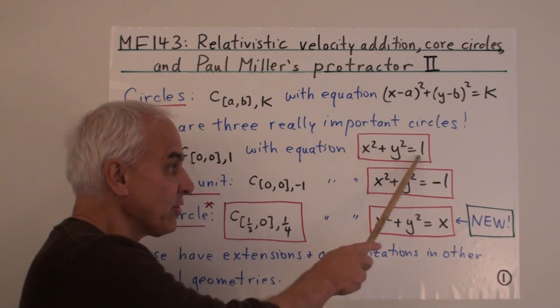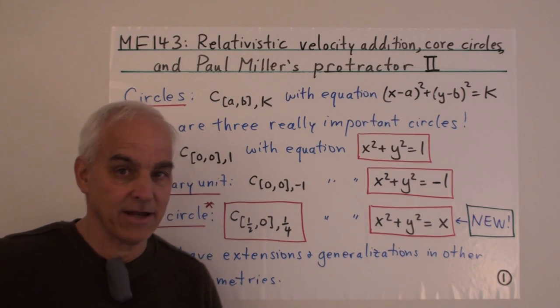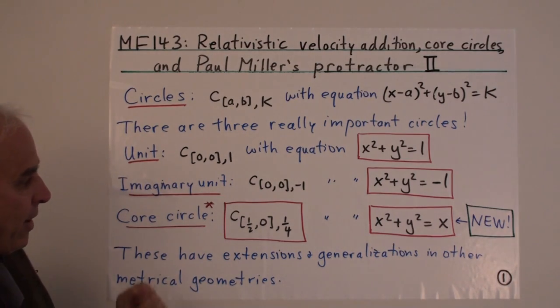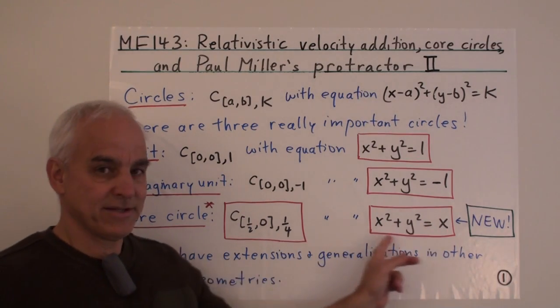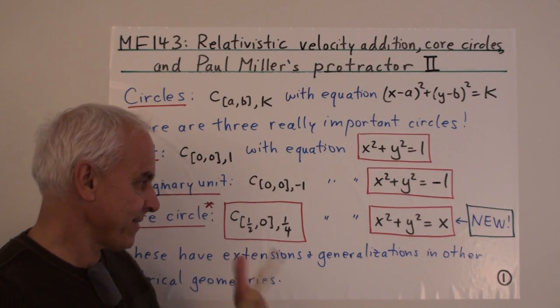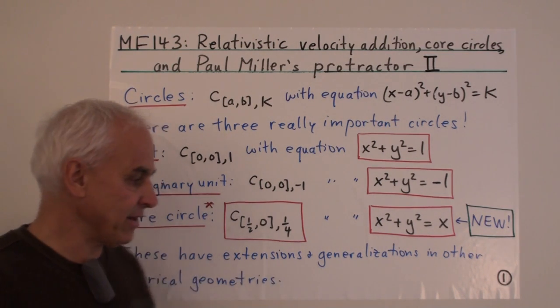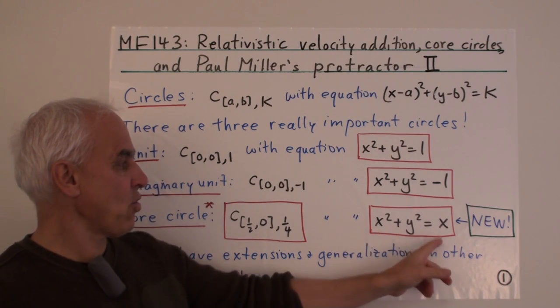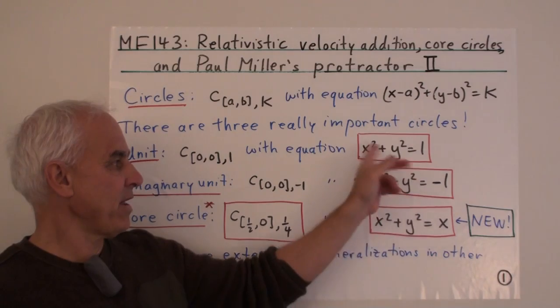So a lot like the unit circle, but there's an x on the right-hand side instead of a 1. So we're going to be looking at this circle today, and it turns out that it's very interesting for us, and we get to see certain things more clearly when we look at this core circle rather than the unit circle.